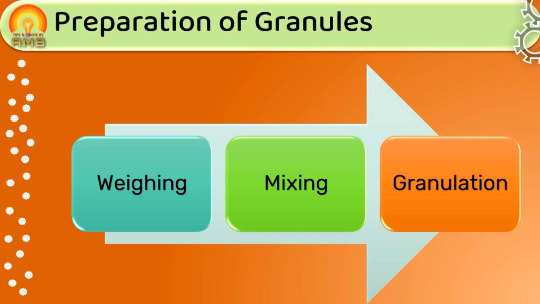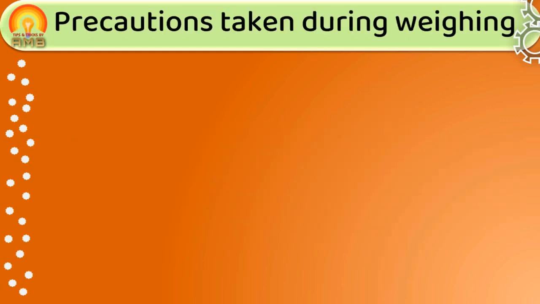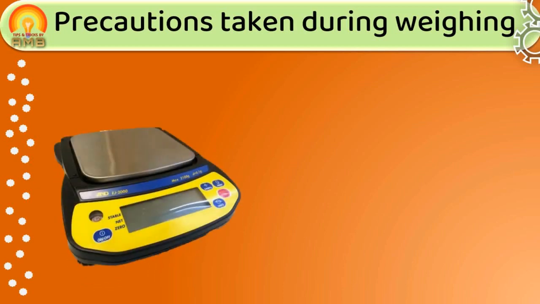Now let's discuss about precautions to be taken during weighing the ingredients. Weighing of the ingredients should be done carefully using a good quality balance. To remove any human error, weighing should be done with double check on it.